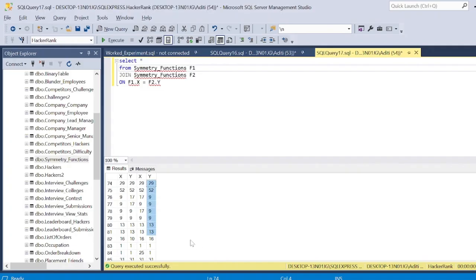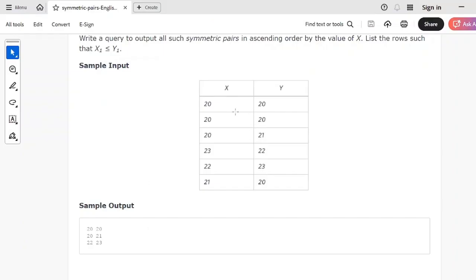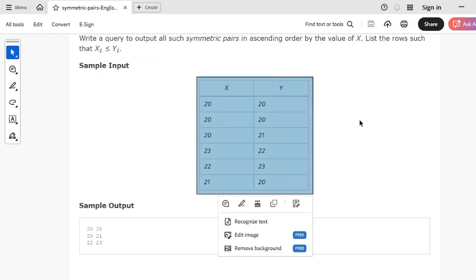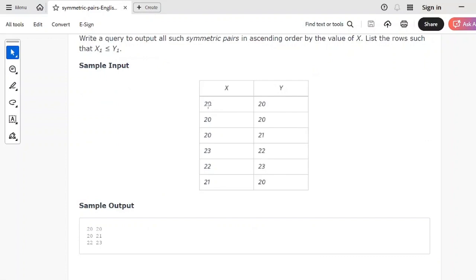Now I'll show you in this table, all the records that consist of only a single value, like 86, 86. It's not a symmetric pair, because, for example, if 20 is the x of this 20, x1 will be joining with y1 of 20, if it is only a single record.